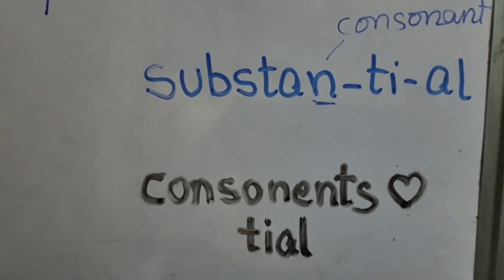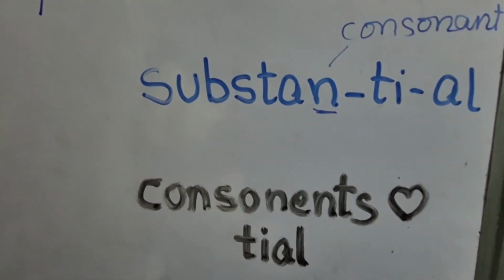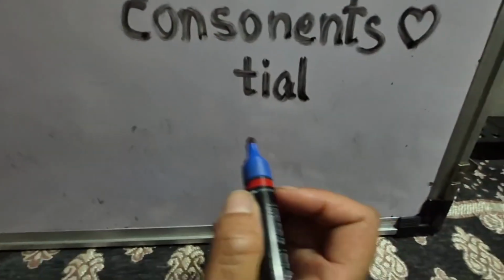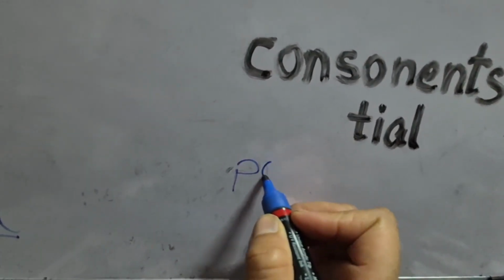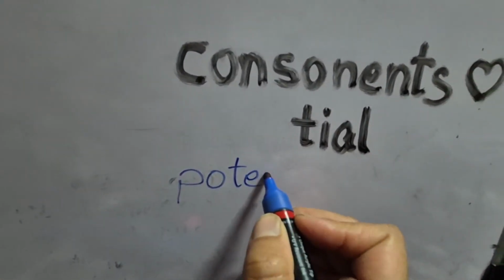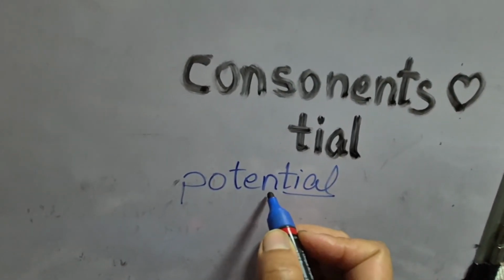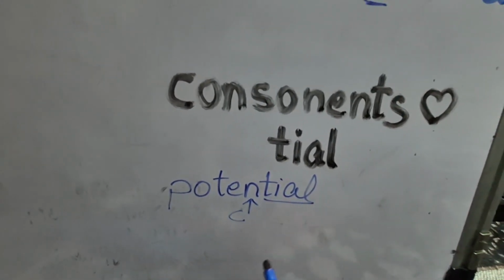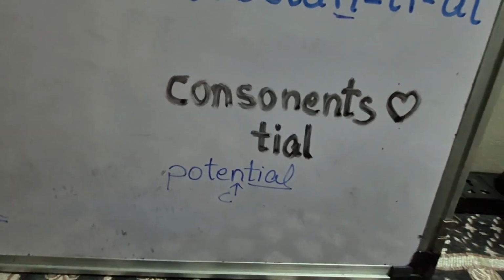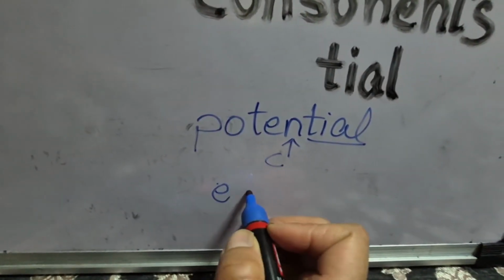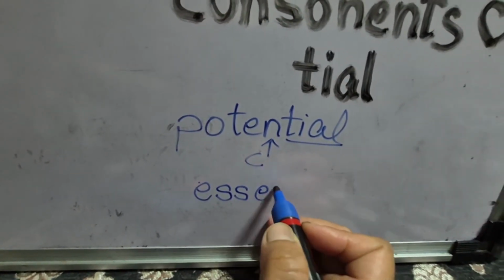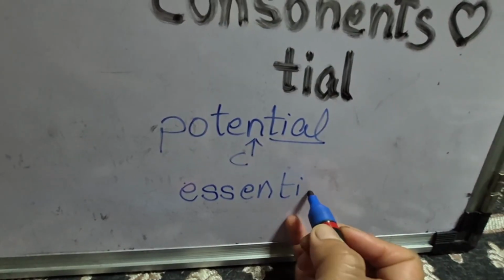Okay. For example, the word is potential. POTENTIAL. Here N is what? Consonant. Similarly, the word is essential. ESSENTIAL.